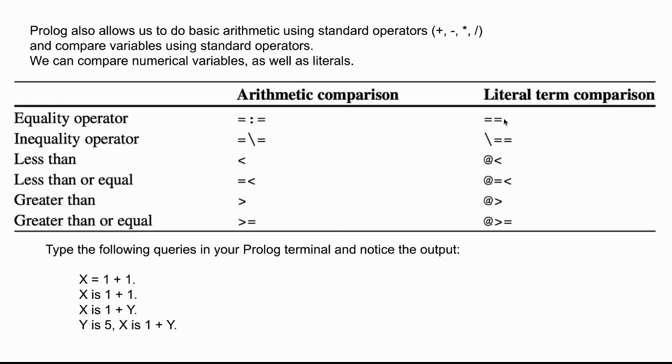In C and Python, usually we use equal to, but in Prolog you use equal to with a colon in between. You have inequality, which is given by this, less than equal to, greater than, and greater than equal to. So these four are the same as usual, but these first two arithmetic comparison operators are different from conventional programming languages. Okay, so again, please open a Prolog terminal and type these queries and see what you get.